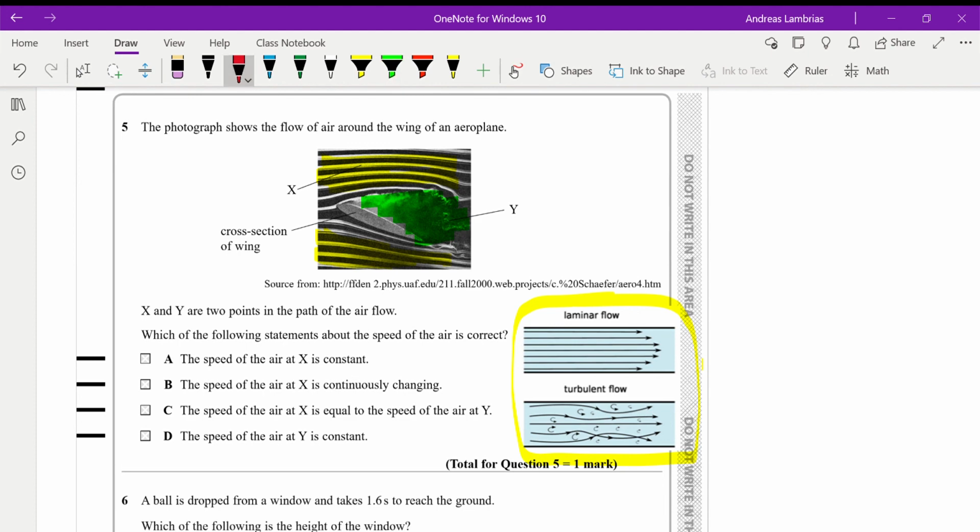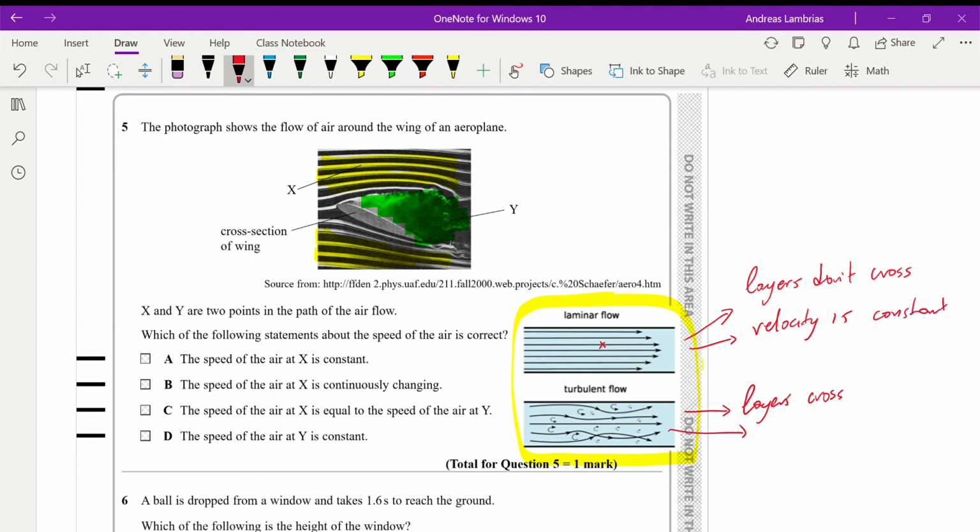Now, as a reminder, what do we have on the laminar flow? We have the fluids flowing in layers, and those layers don't cross. On the other hand, when we're looking at the turbulent flow, there are no layers anymore because the layers cross each other. Also, if you look at a specific point on a laminar flow, velocity stays the same, so velocity is constant.